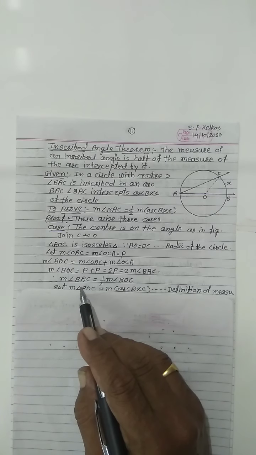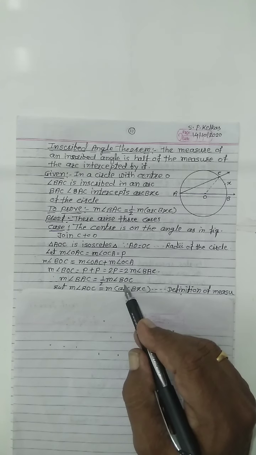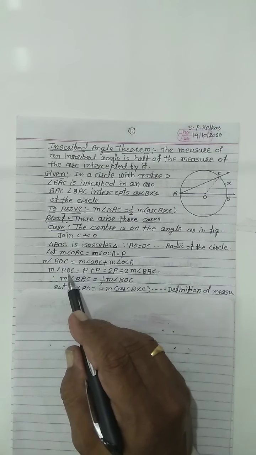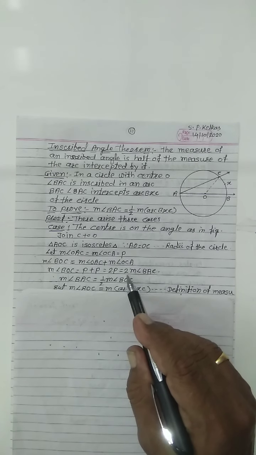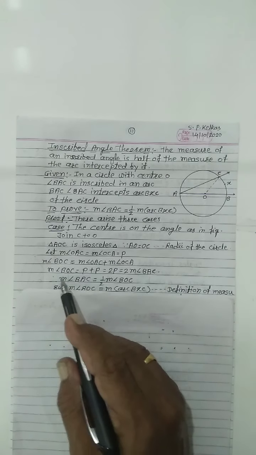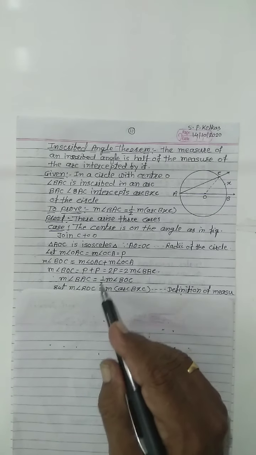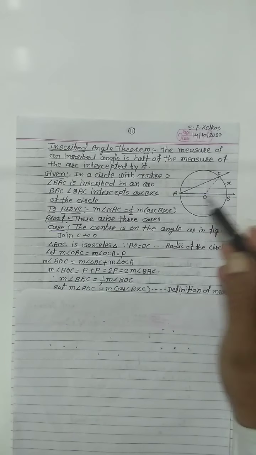Then the measure of angle BOC equals twice the measure of angle BAC. Then this 2 goes to the left side and divides the measure of angle BOC, means 1 by 2 the measure of angle BOC equals the measure of angle BAC.